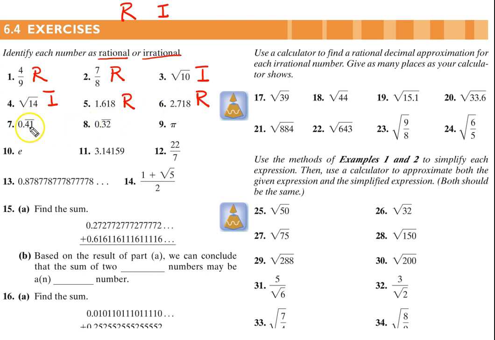This one shows a repeating pattern, so it's rational. Repeating pattern, rational. We said pi is irrational. e is irrational. Where this might be an approximation of pi, it's not pi. It terminates, so this is rational. Again, an approximation of pi, but it's a fraction.